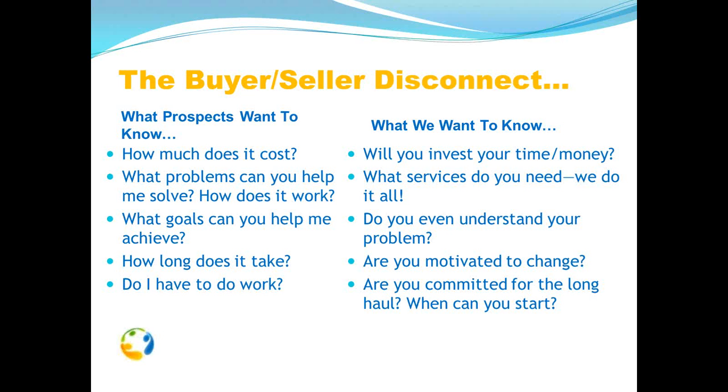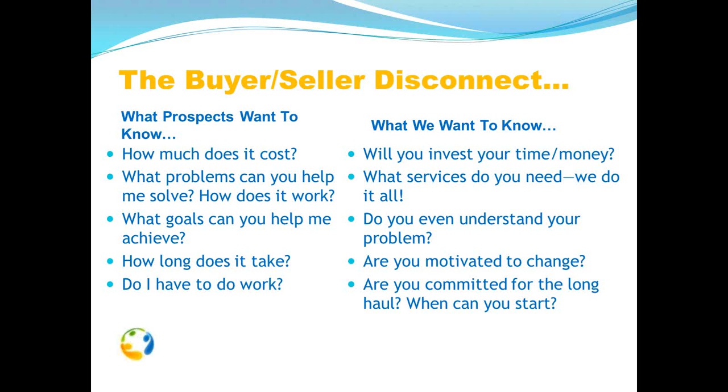The prospect also wants to know what kind of problems can you help me solve, and do you solve those problems, and how does it work if you solve those problems? And on the right-hand side, what we want to know is, well, what do you need? We do everything. Just tell me what you need, and I'll tell you how we do it, and yes, we can solve that problem.